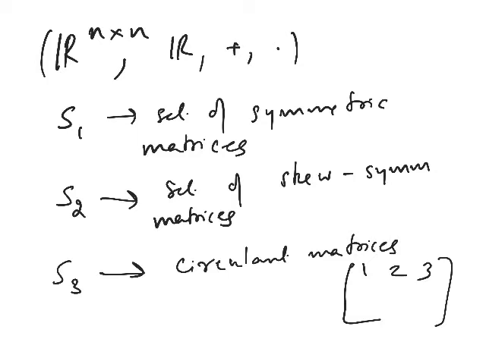I'll be taking rotation to the right side. It is a cyclic rotation, it doesn't go outside. So when I'm rotating this, 1 will come here, 2 will come here, and 3 will get back inside here. And you rotate once more. So then 1 will come here, 3, 2. That's it. Right? So it is a square matrix, and each row is obtained by rotating the previous row by 1. Such a matrix is called a circulant matrix.